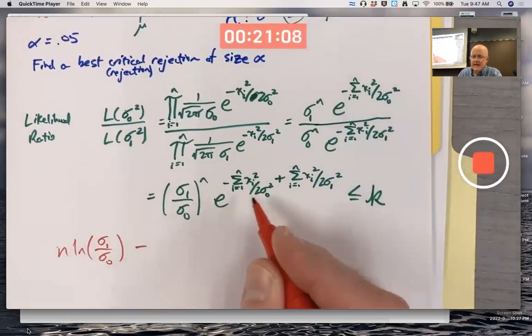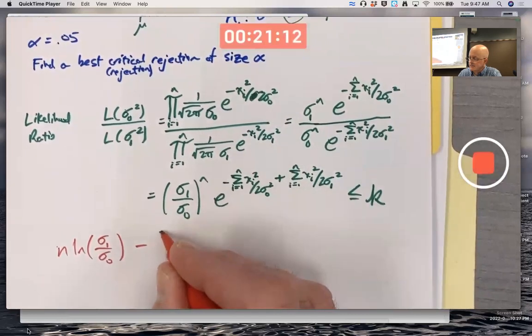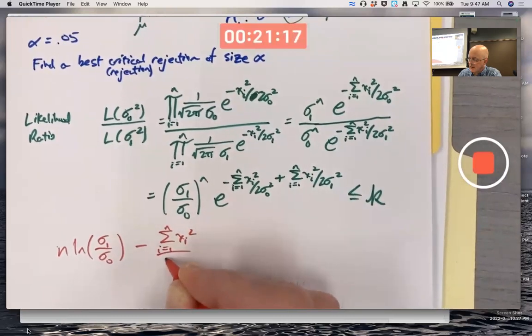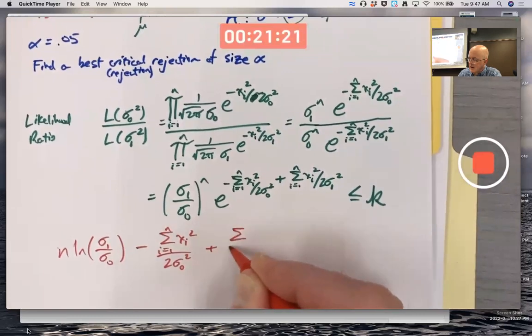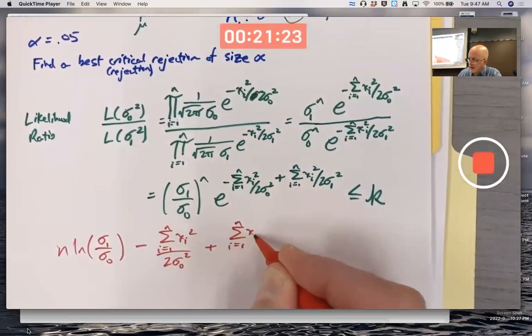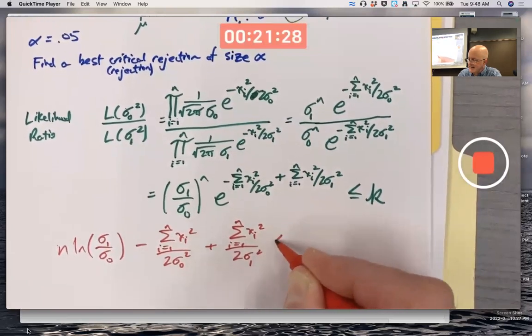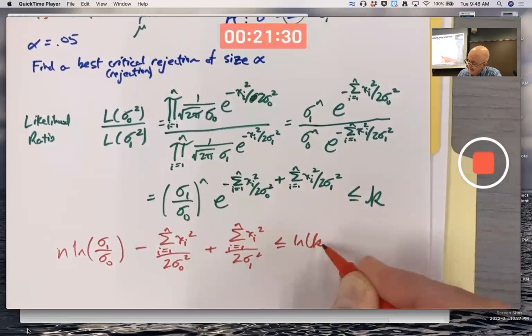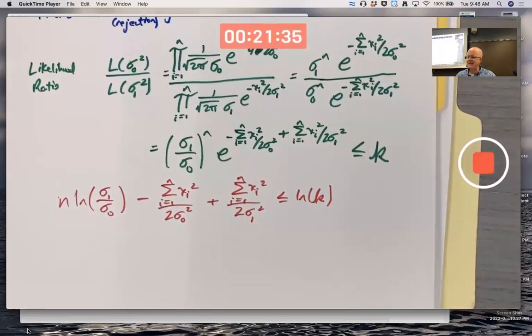And then the log of this e to this power just becomes the power. Trying my very best not to make any more mistakes here. It's looking better. There's no more e's, and the summations, in a sense, you could start to imagine you can isolate them here.